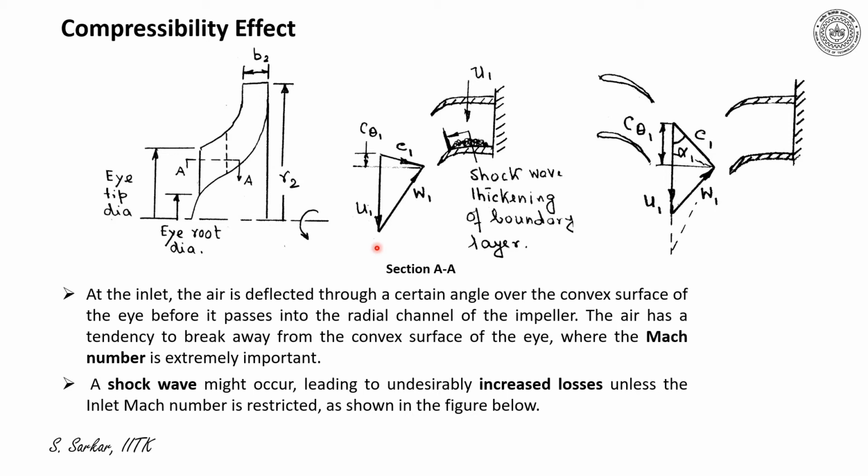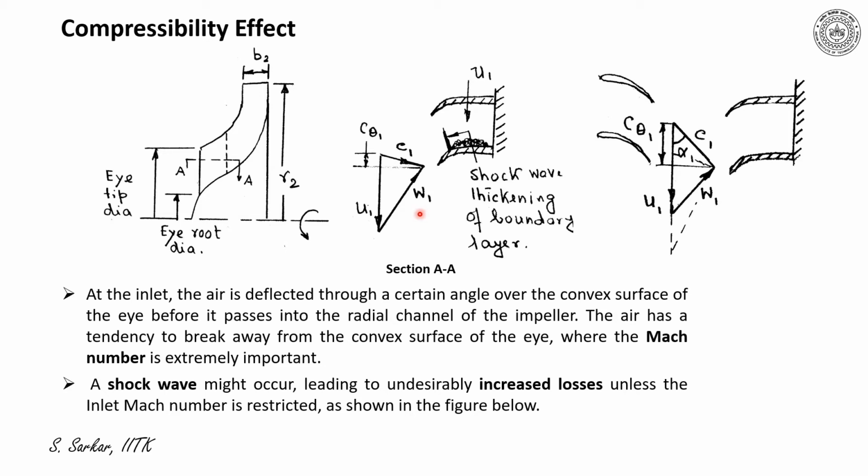Thus, if you consider the velocity triangle at inlet, we'll get U1 plus W1 is equal to C1, where W1 is the relative inlet velocity and C1 be the absolute velocity at inlet.